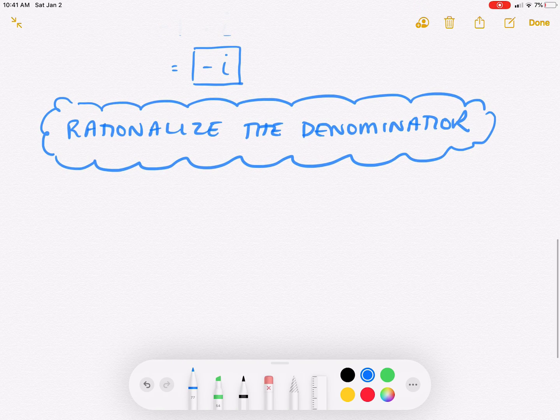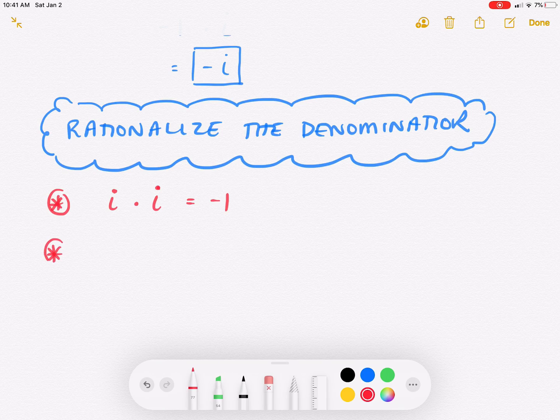We can't have a radical, but we also can't have an i in the denominator to be simplified. So let's just go over a couple key concepts here before we get into these examples. First key concept is that when we take an i and we multiply it by an i, the result is going to be negative 1. So that's one technique that we could do to get rid of the i, is we could multiply it by another i and turn that into a negative 1.